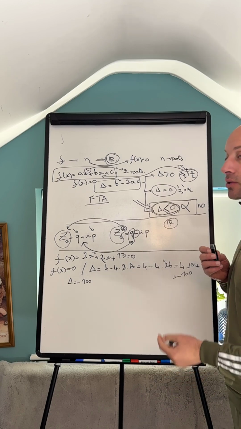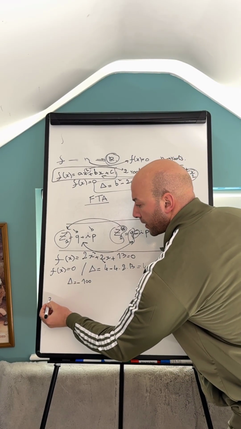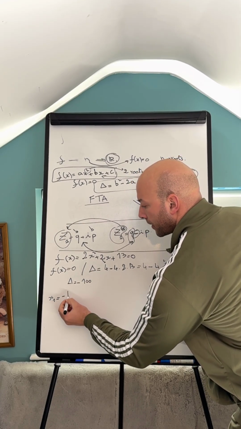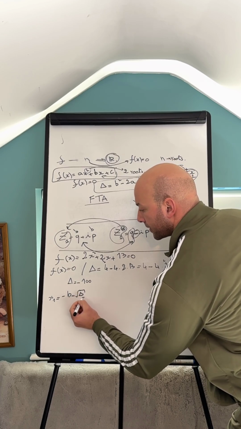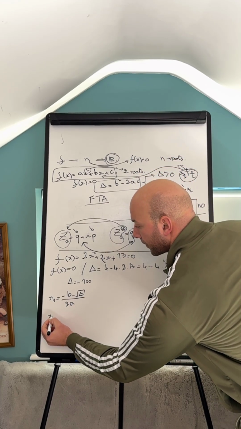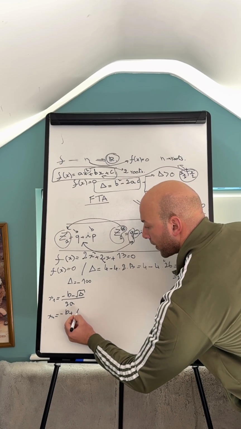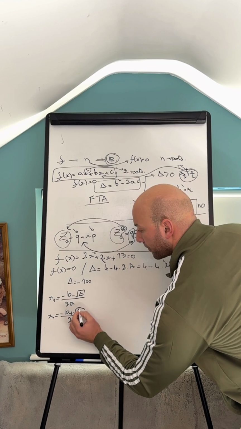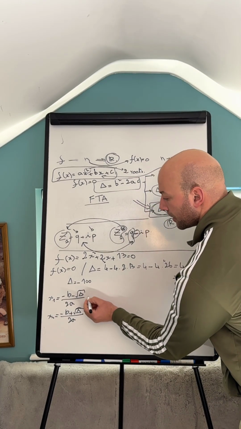Basically here we can get two solutions, z1 or x1, I would call it x1, equals minus b minus square root of delta divided by 2a, and x2 equals minus b plus square root of delta divided by 2a. I apologize about this, I'm slightly bending.